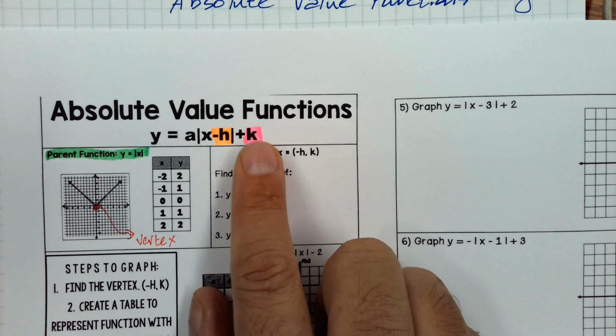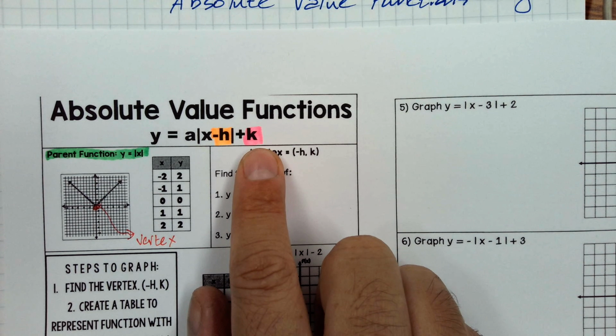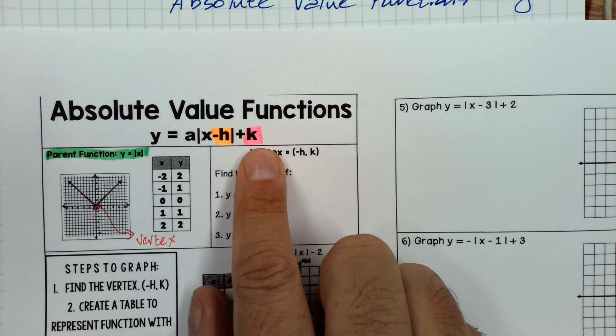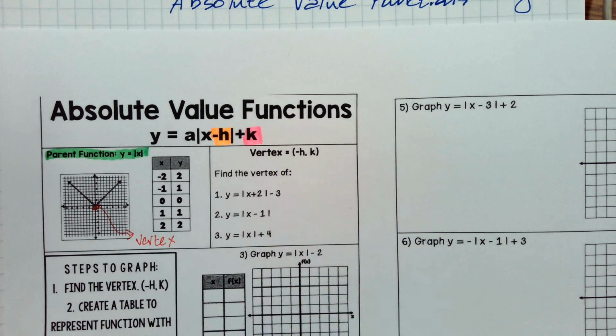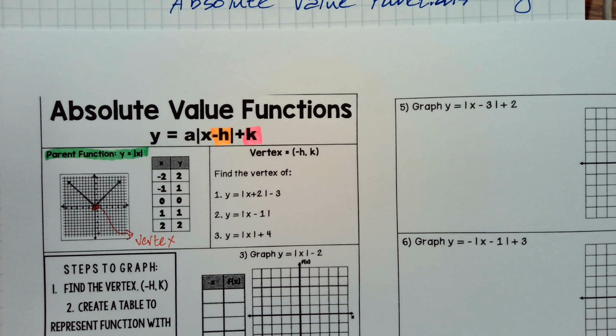And the k value, remember what the k value did if we added something to our function or subtracted? It pushes your graph up or down along the y-axis. And it's going to do that here. So for example, let's take a look.